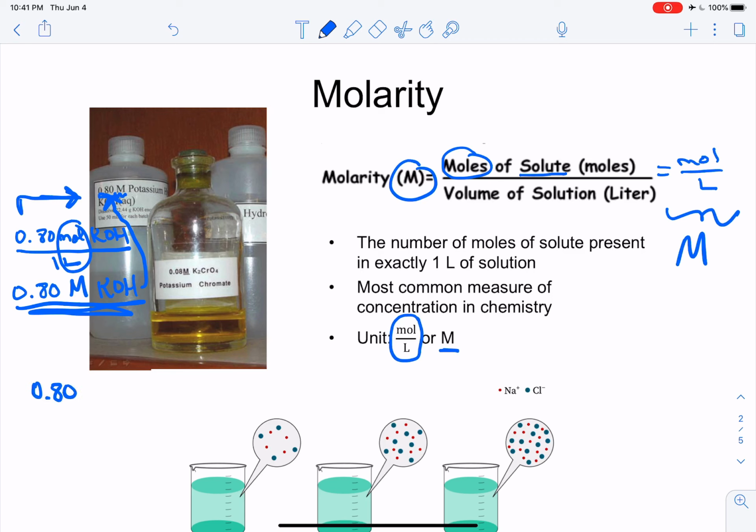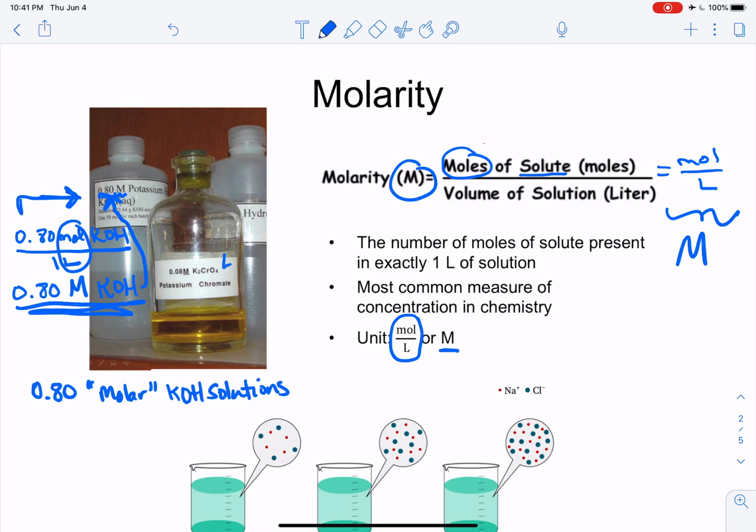That bottle is a 0.80 molar potassium hydroxide solution. That's how you would say it in English if you're standing in the stockroom looking for the bottle of that stuff.